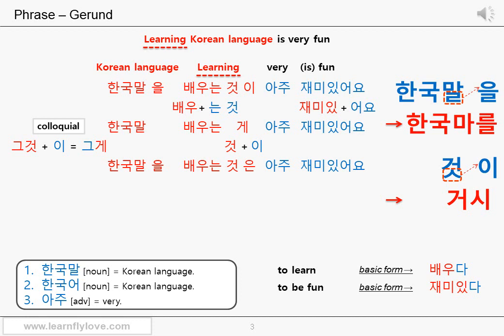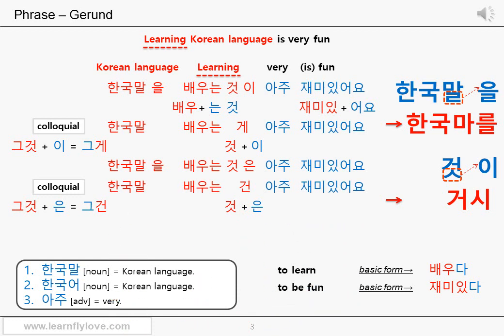We can shorten 것 plus 은 too, as 그것은 becomes 그건. You can use 건 instead of 것은. 한국말 배우는 건 아주 재미있어요. If this particle thing gives you a headache, just don't add a particle. 한국말 배우는 것 or 거 되게 재미있어요.